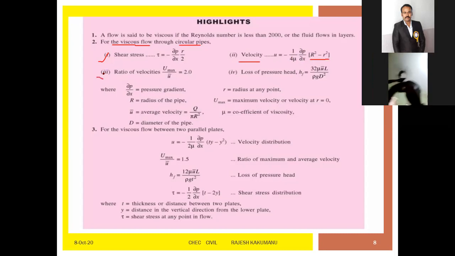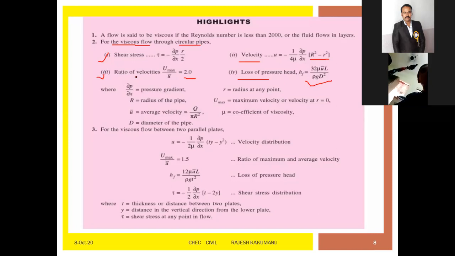Third, the ratio of velocities u max by u bar is equal to 2. Then the loss of pressure head hf equals 32 mu u bar L divided by rho g d square. These formulas are nothing but the Hagen-Poiseuille formula, which we derived in the initial lectures.